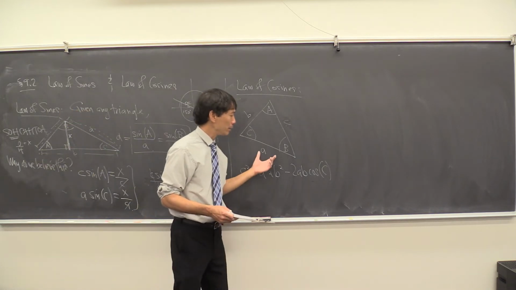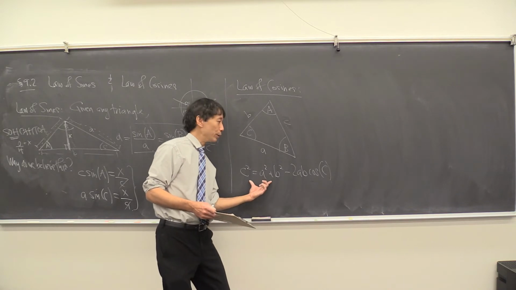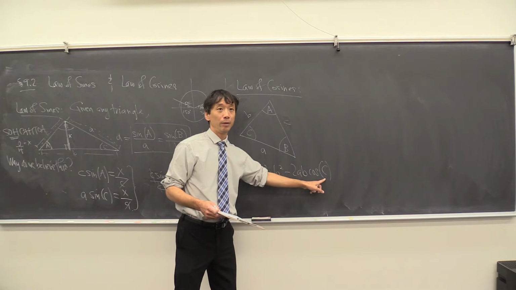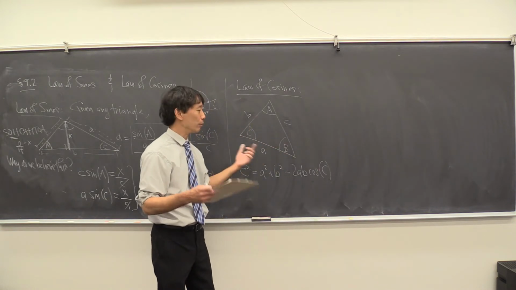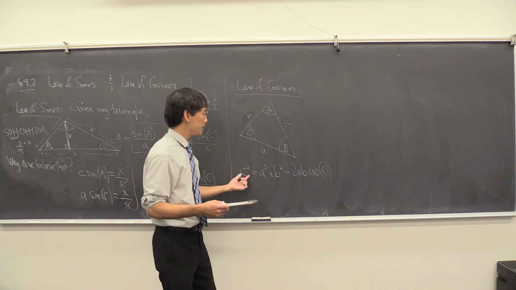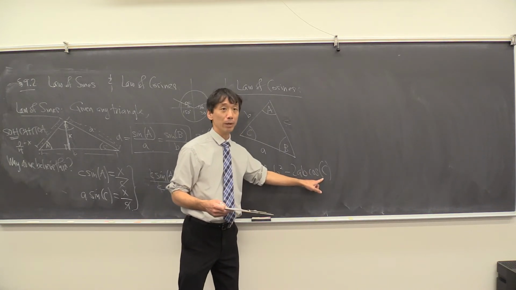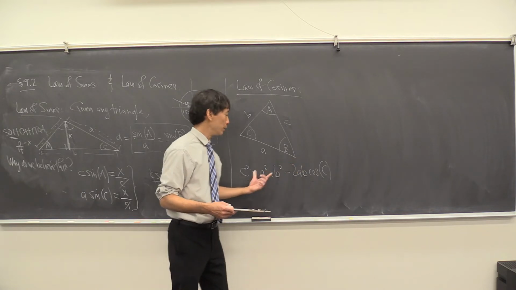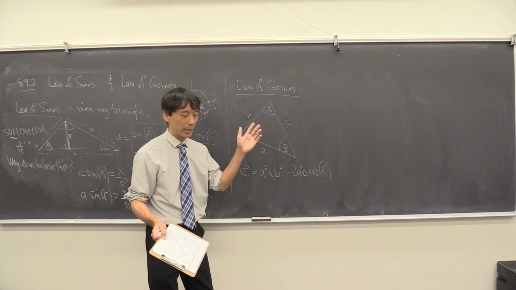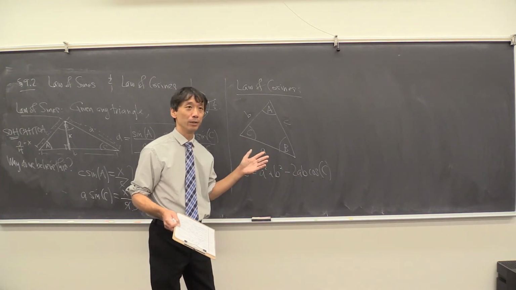And in fact, it says a little bit more, because it says that the only way that this is going to be true is if the angle is 90. So it's kind of giving you a converse of the Pythagorean theorem, saying that if c squared equals a squared plus b squared, then this cosine must be 0, which means that the angle is 90. So if you have a triangle and it satisfies c squared equals a squared plus b squared, you know it's a right triangle.